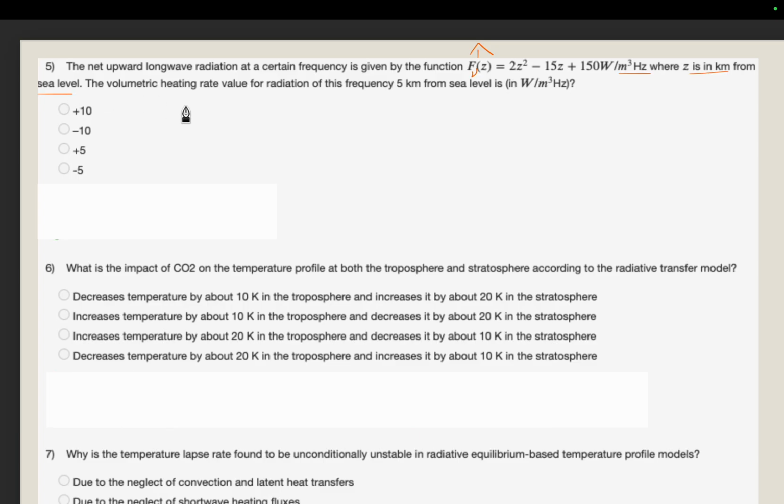What is the volumetric heating rate for the radiation at this frequency at 5 kilometers above the sea level? You have to mention this. The answer will come in the unit of watt per meter cube per hertz.